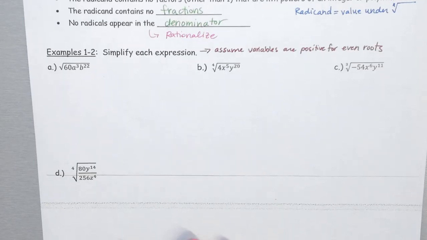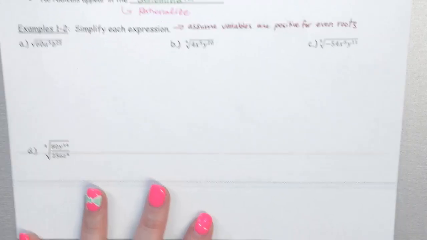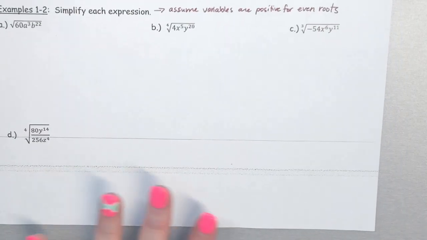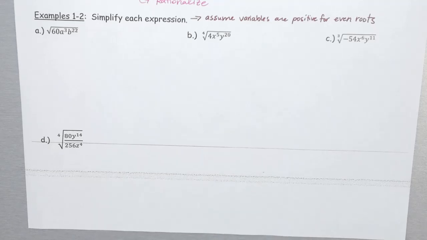All right, now, really, you guys can do the first row without me. Okay, A, B, and C. So I'm going to give you a couple minutes right now to do that.